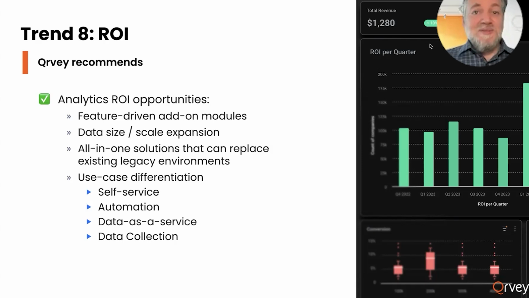So essentially what we recommend here is just think about all of the new ROI opportunities that an analytics platform or analytics layer can afford and create for you as part of your overall software strategy. We've talked about the ability to offer different modules and add-ons. That's just one way you can consider ROI when it comes to analytics. So new features equal new add-on modules equal new revenue opportunities.